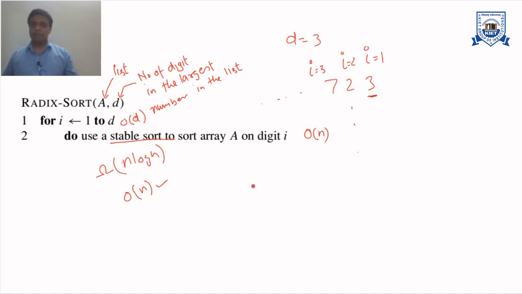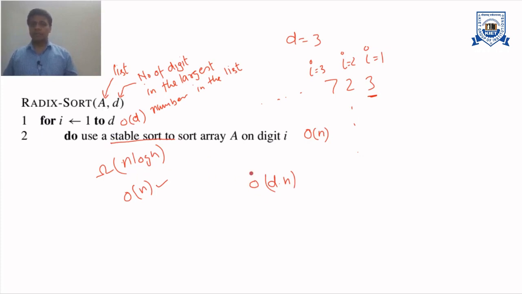So what would be the complexity? Order of d times n, the number of digits multiplied by the number of numbers. So that would be the complexity of Radix sort if we perform this stable sort through counting sort.